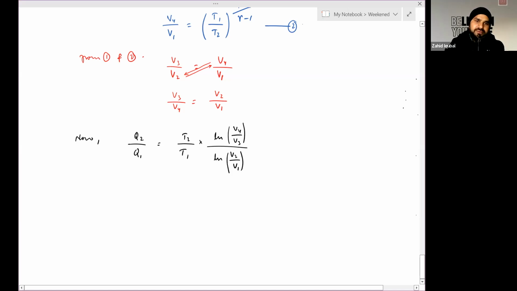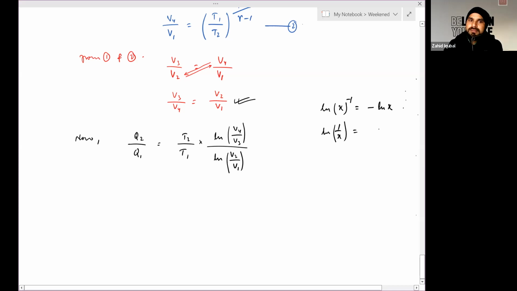In the numerator, we have V4 by V3, but according to this, V3 by V4. So if you reverse this fraction, according to the concept of log, ln x to the power minus 1 will be minus of ln x, or it will be further equal to 1 by x.